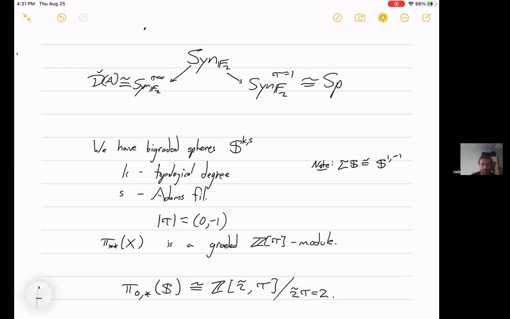So 2 tilde times tau, I now have 2, which only remembers that it has Adams filtration at least 0. Since multiplication by tau decreases your lower bound on the Adams filtration by 1, you're forgetting a little bit of your information, so it naturally has Adams filtration minus 1.